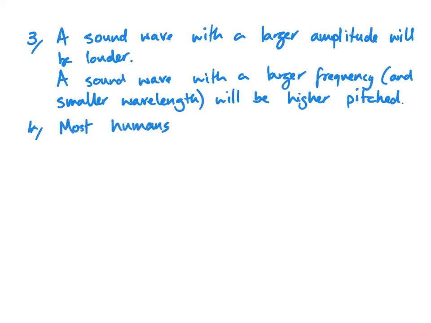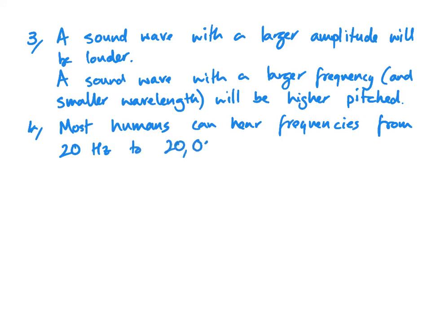Now we're thinking of the idea of what frequencies you can hear. We measured that in class. Most humans can hear frequencies at the bottom end of about 20 hertz. And at the top end it's not so well defined.